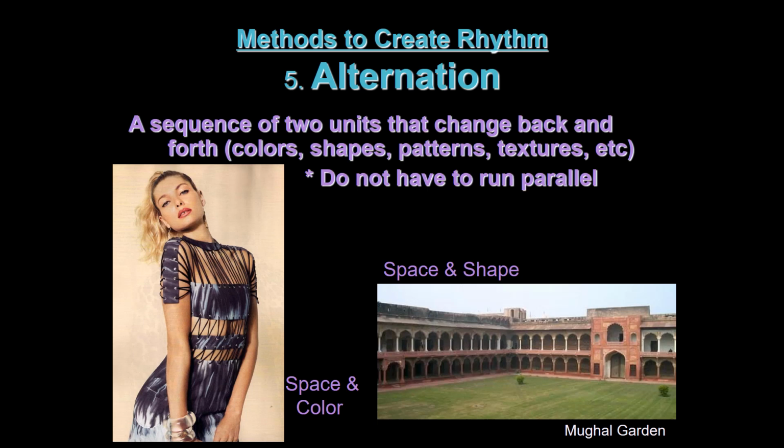We're taking two units that move visually and rhythmically through the use of color, shape, pattern, texture, and so on. In the garment, you can see, what are we playing with? A couple of things. Positive and negative space. We can see skin, we can't see skin. We can see skin, we can't see skin.